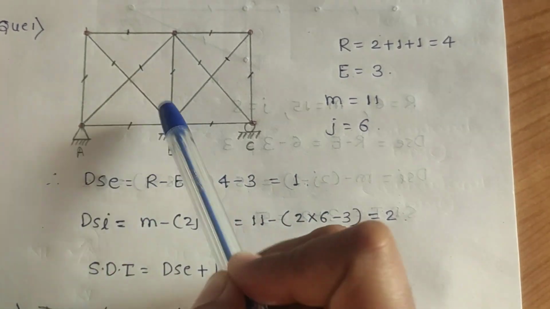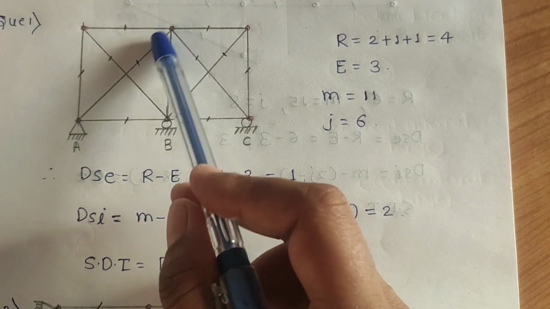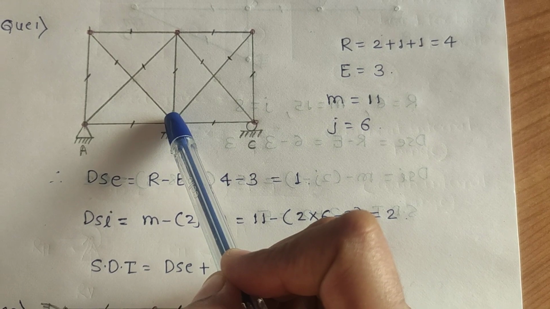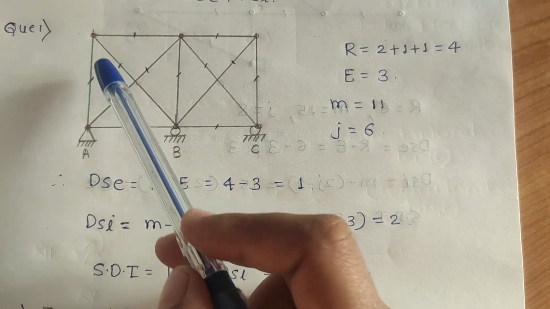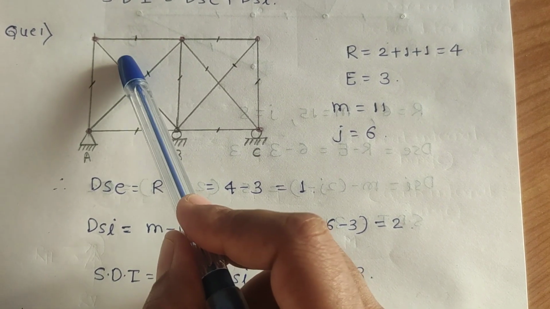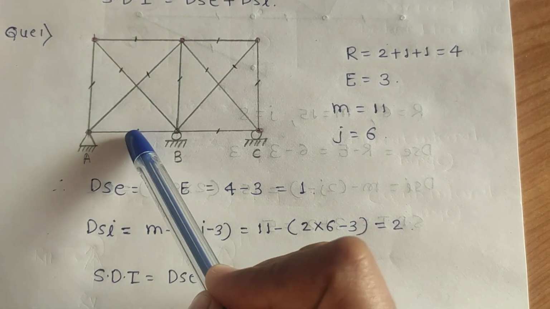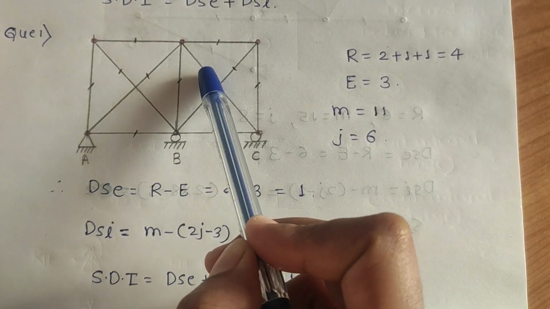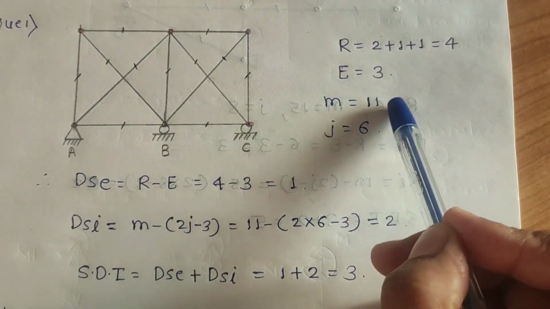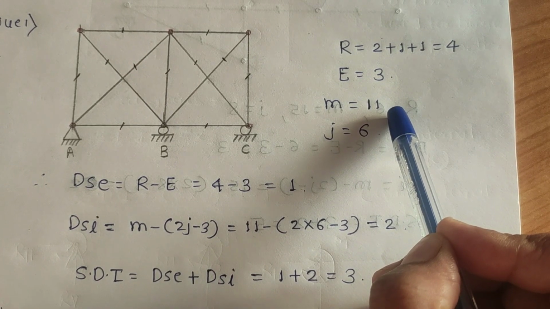Only the members are crossed, and this is the front view of this truss. So count the number of members: 1, 2, 3, 4, 5, 6, 7, 8, 9, 10 and 11. So the number of members, the value of M, is 11.